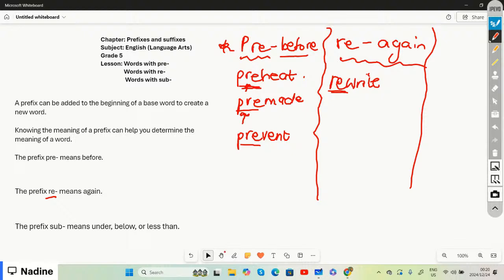That is rewriting something. So rewrite, it's to write something again.